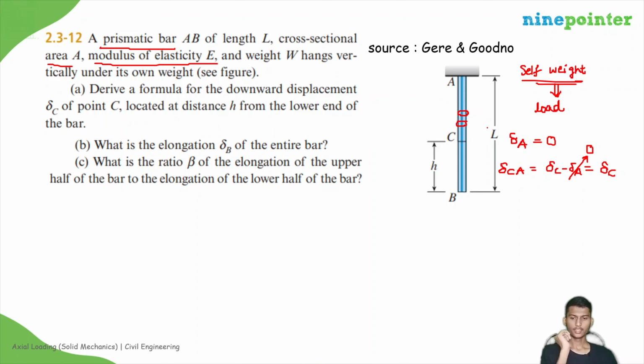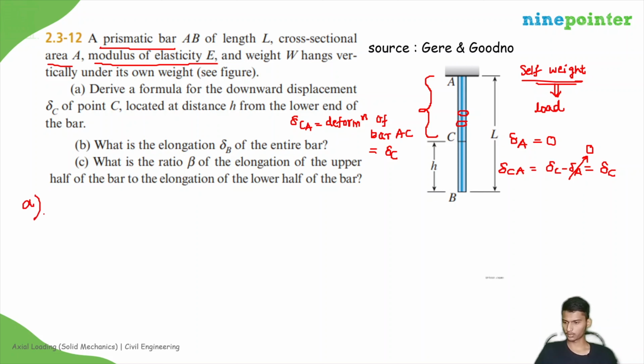What is delta CA? Delta CA is the deformation of bar AC. So it is equal to delta C.